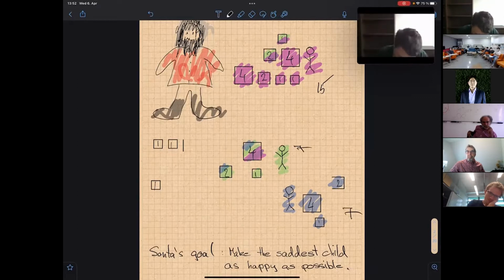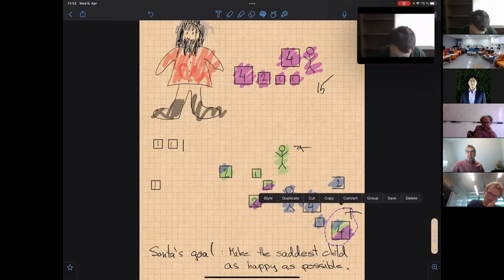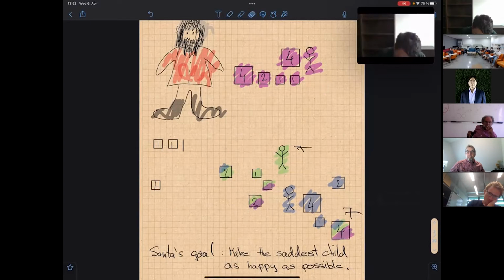So maybe he can rearrange somehow, namely take this green to the green, and maybe take this 4 to here, because these are liked by those kids, and this way we get a more favorable, more equal distribution.